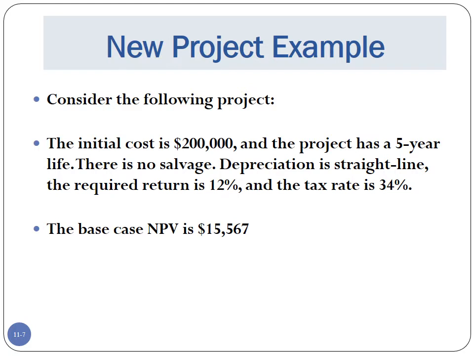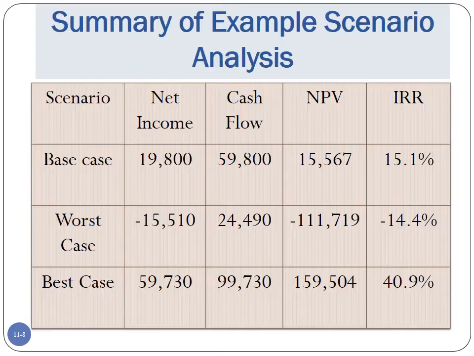So if we consider the following project where the initial cost is $200,000, the project has a 5-year life, there's no salvage, depreciation is straight line, required return is 12%, and the tax rate is 34%. The base case NPV under these conditions is $15,500.